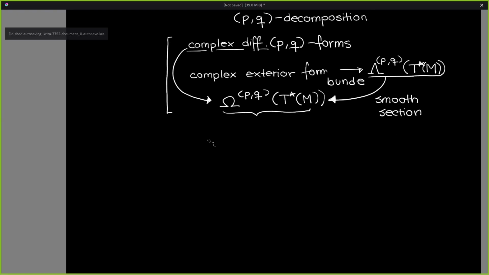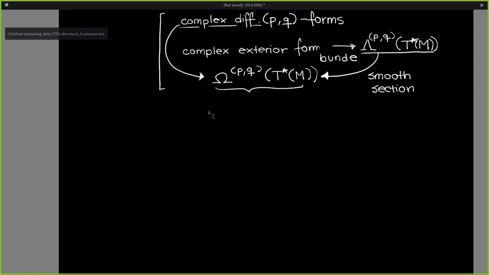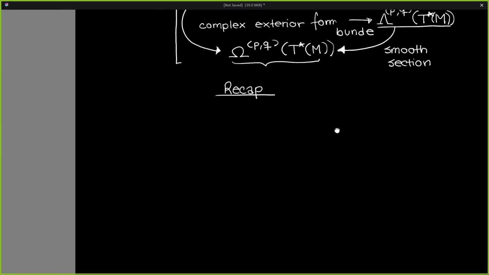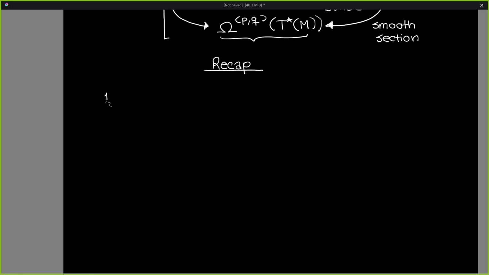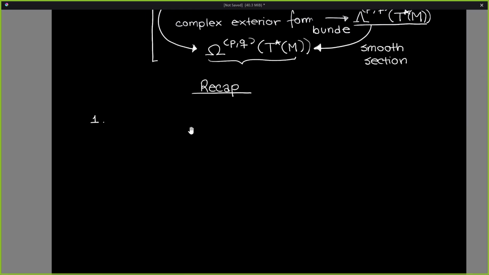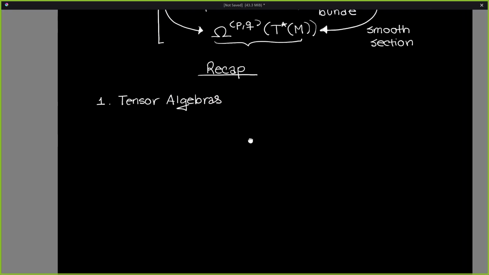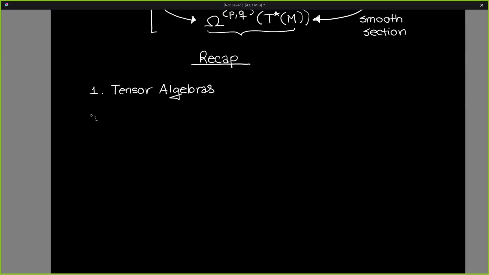Before we start, I just wanted to get all of that cleared up. So now let's do a brief recap of what we did last time before we get into the next part. I'm going to try to keep this very short. Number one, we talked about tensor algebras, which were the sums of all the RS type tensors, with the tensor product as their multiplication.